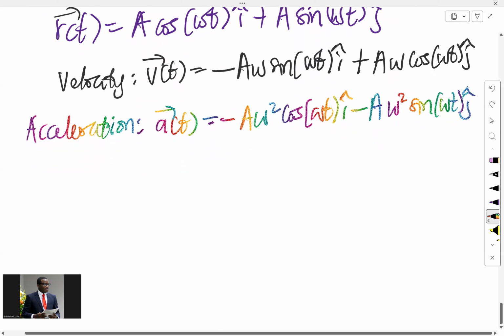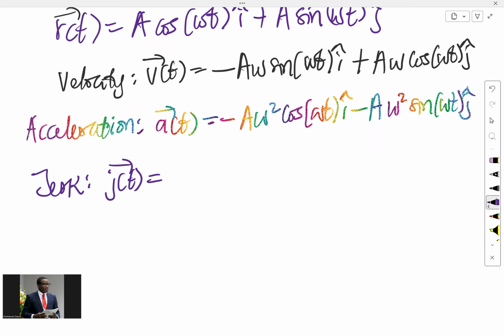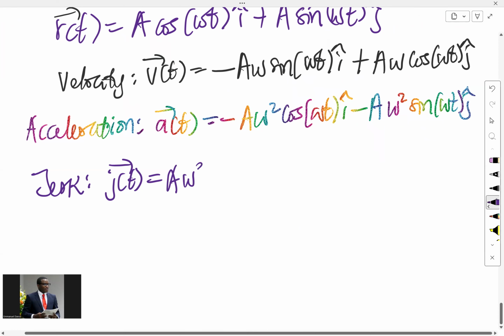Then, of course, you can talk about the jerk, which is j of t, and that is equal to, now differentiate cos again, you get minus sine. So it changes sign now, minus and minus, that's plus. So you have a omega cubed sine omega t in the direction of i.